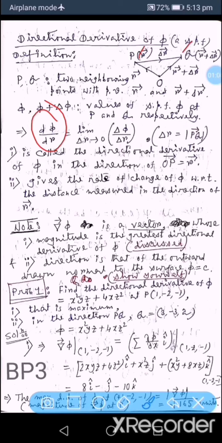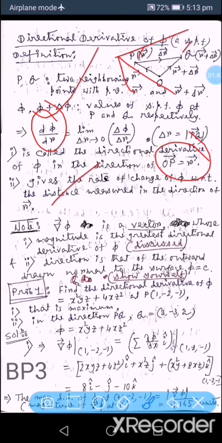Now d phi/dr is nothing but the limit as delta r tends to 0 of delta phi/delta r, and this d phi/dr is called the directional derivative of phi in the direction of OP, or in the direction of r. And this d phi/dr gives the rate of change of phi with respect to the distance measured in the direction of r.